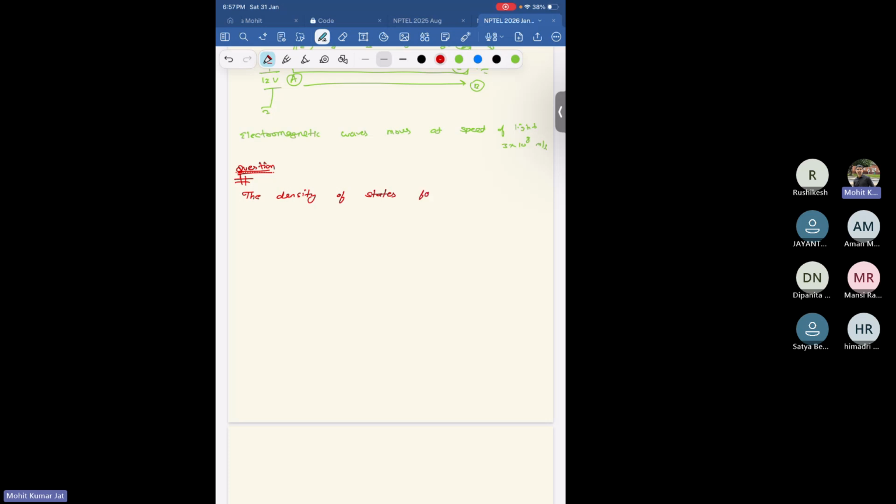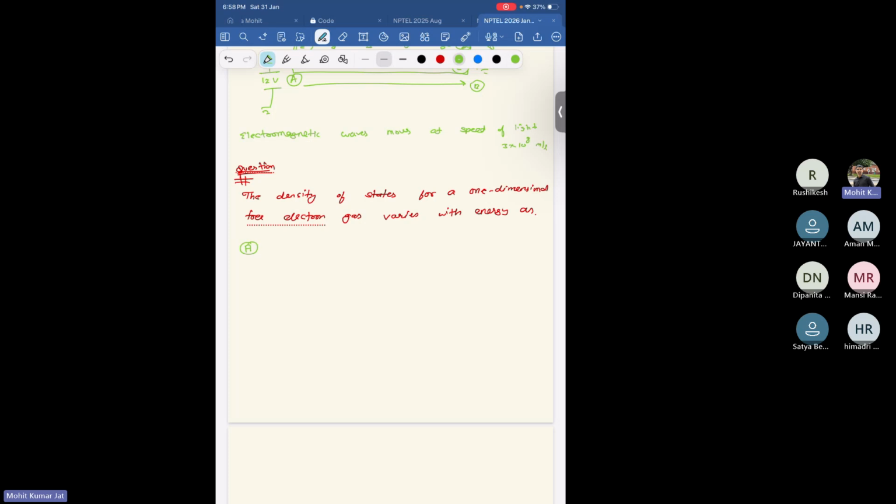for a one-dimensional free electron gas varies with energy as. Okay, so your density of states.